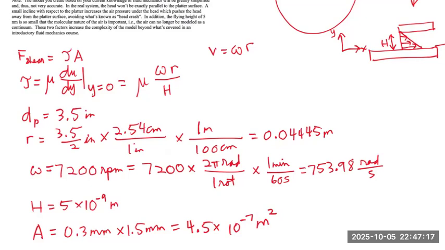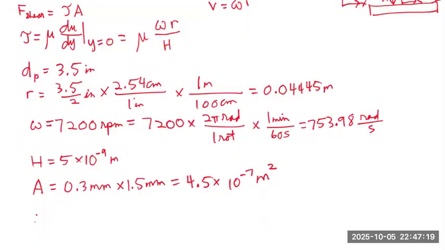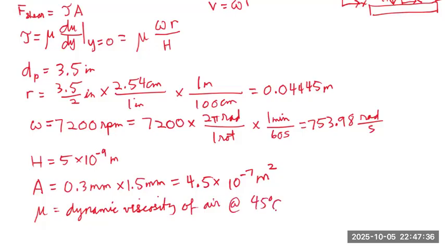And we, of course, have mu, which is the dynamic viscosity of air at 45 degrees Celsius. That is a quantity that we can find easily online.